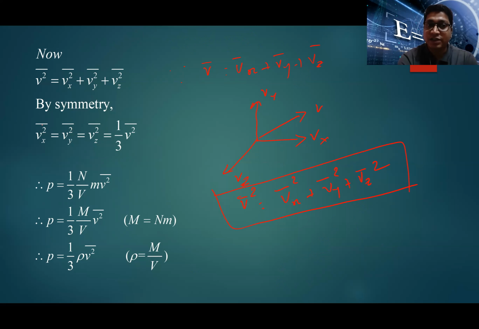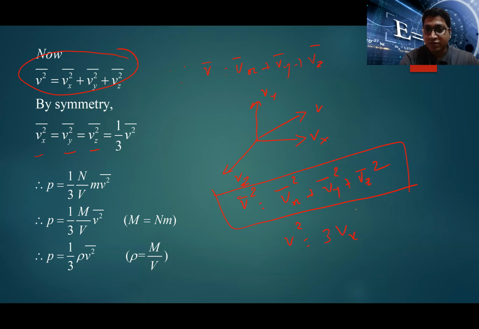And by symmetry, as we have discussed, all these terms are going to be the same. If I substitute this value in this equation, what are we going to get? It will be 1 by 3 v square. How come? Just replace: if I replace vy with vx and vz with vx, all terms become the same.